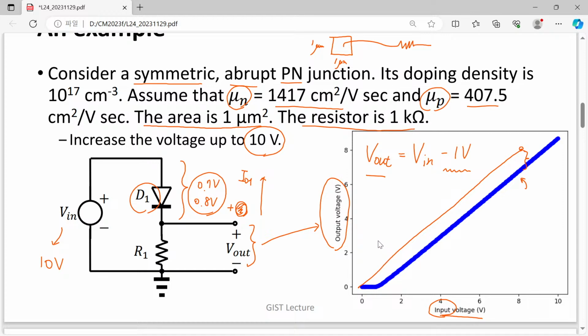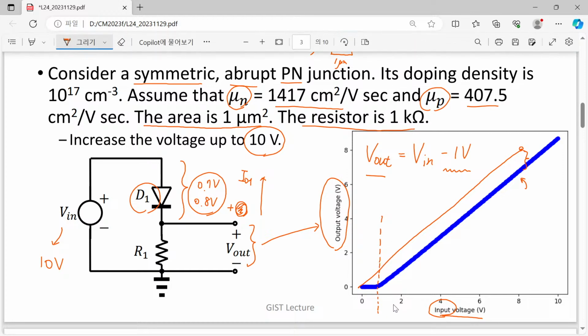Of course, this is all related to the bias condition. If we go below this voltage level, then actually this is nothing but just 0.